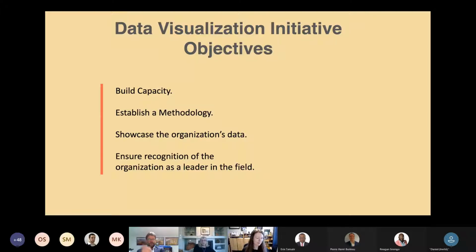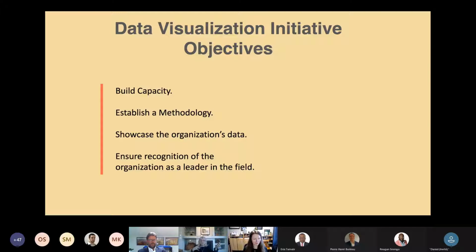Basically, when we were looking at the overall initiative, what were the objectives? The objective was to create sustainable change. Sustainable was really important because that's one of the failings of the project we had done at the Inter-American Development Bank.